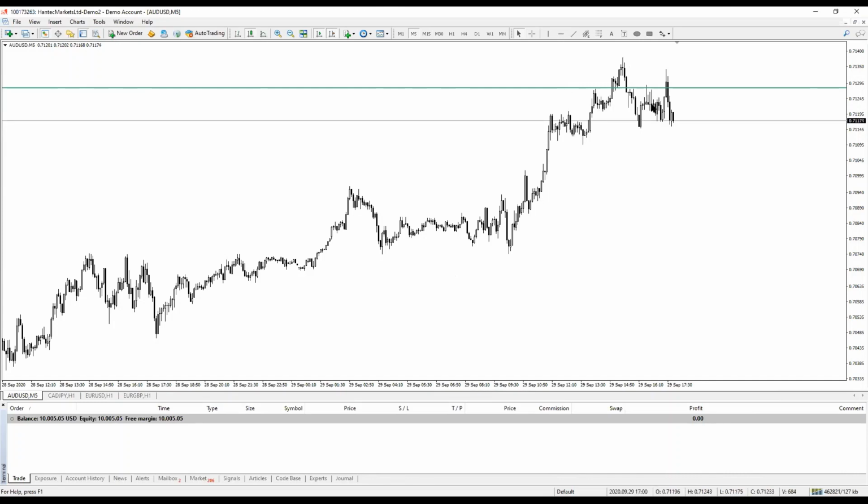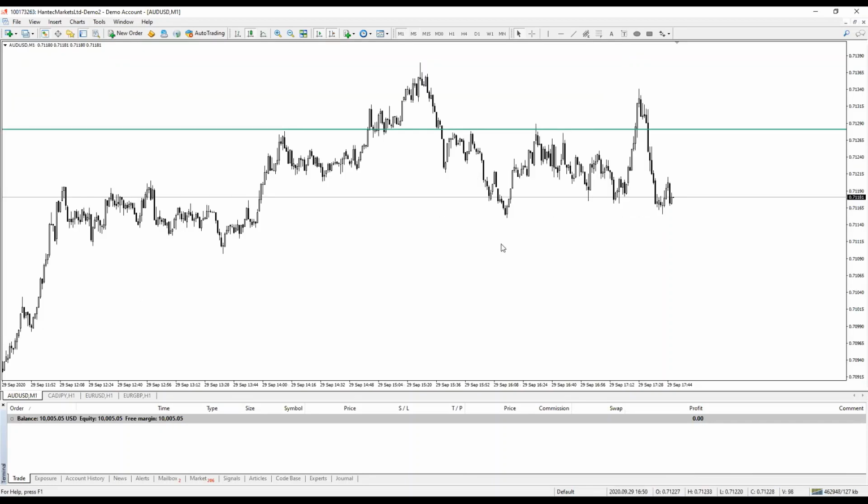So now we've penetrated that supply and it reacts, but now we want a confirmation to sell. The last swing before price reversed and showed us that it reacts to this first supply was this high and lower.